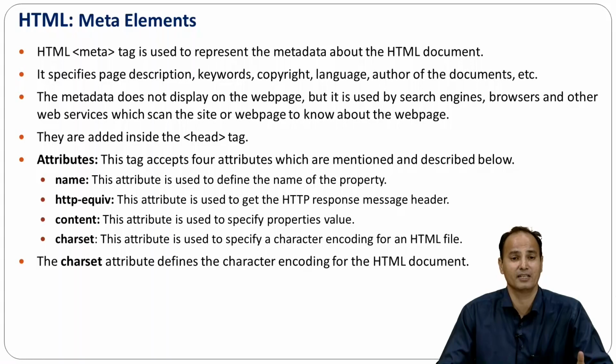What will the name contain? This attribute is used to define the name of the property. http-equiv specifies the HTTP response message header. The content attribute is used to specify the property's value, and charset specifies the character encoding mechanism used for this HTML file.